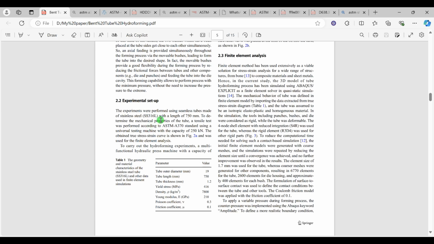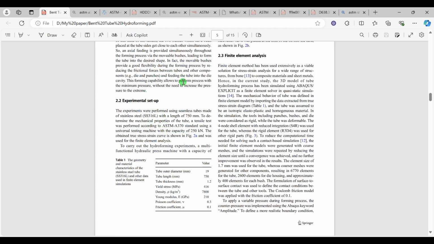For stainless steel, especially if the material is a tube, you can use this standard for your test.